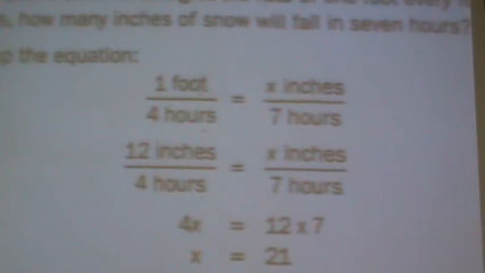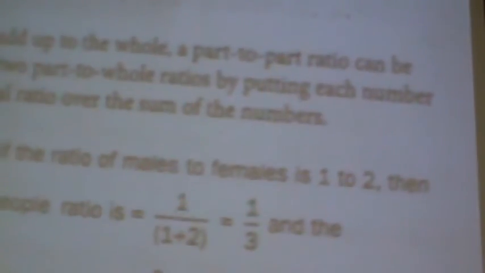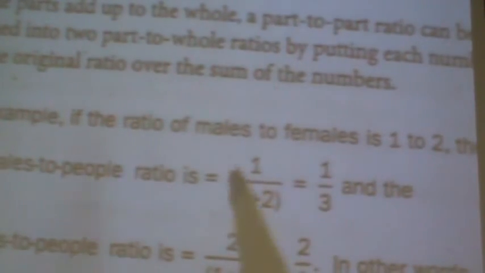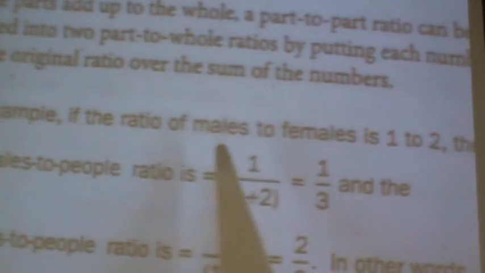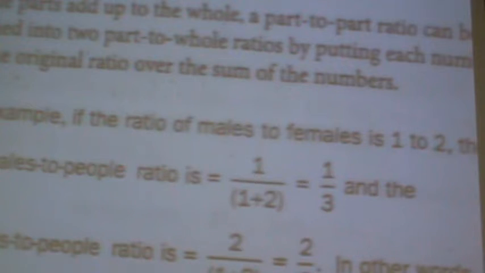And the last one, number 90, it was kind of confusing how they wrote it. And I'll see if I can simplify that. The question says, how do you convert part-to-part ratios to part-to-whole ratios? Okay, what they're saying is, for example, if we say the ratio of males to females is 1 to 2, this is a part-to-part problem.